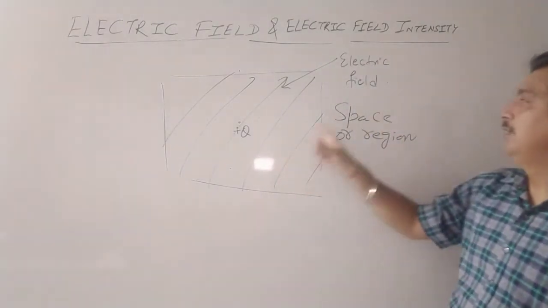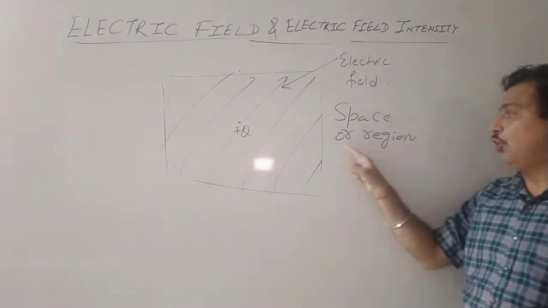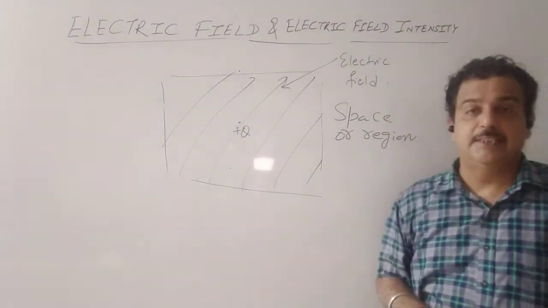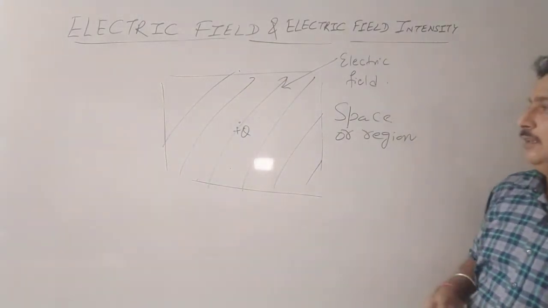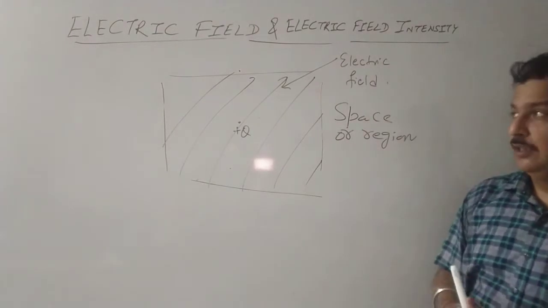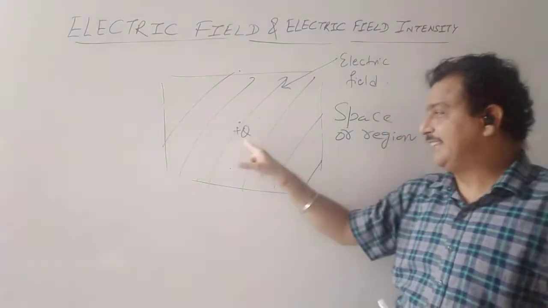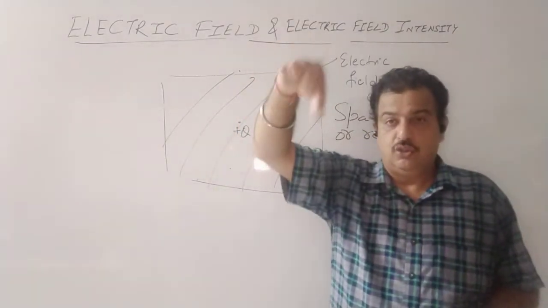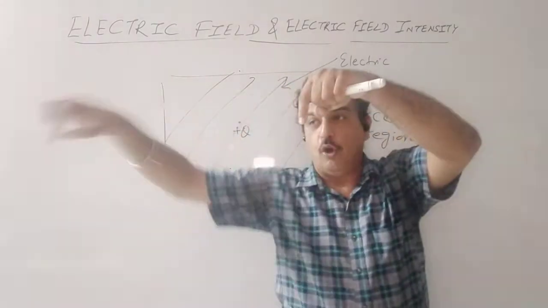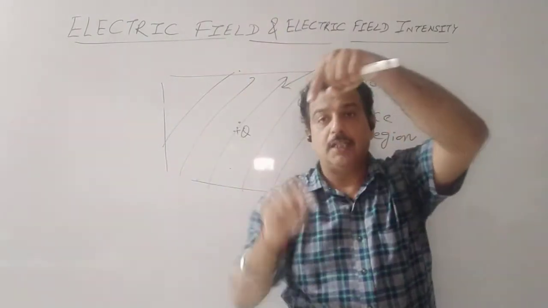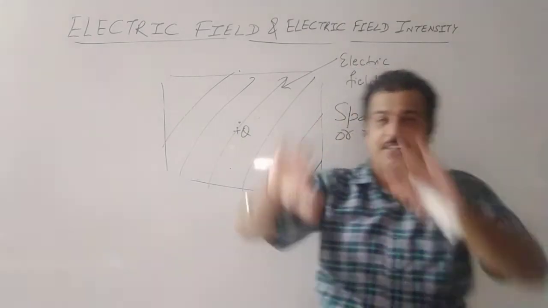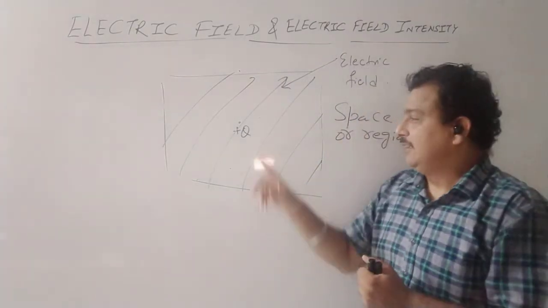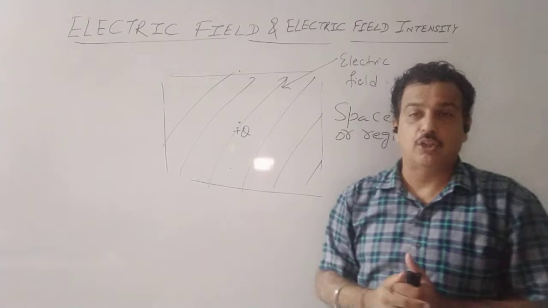So electric field is a space or region around a charged particle where its effect is prevailing, and the shape of this field will not be a rectangle. If I take a plus Q charge in a space, its range will be on all sides, and if I join its range, it becomes a sphere in such a way that this charge comes at the center of that sphere.